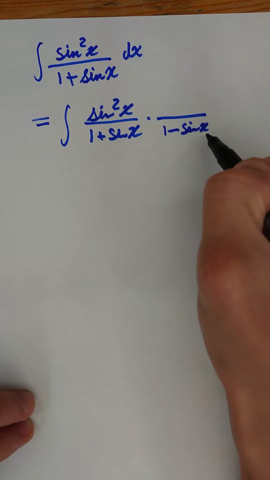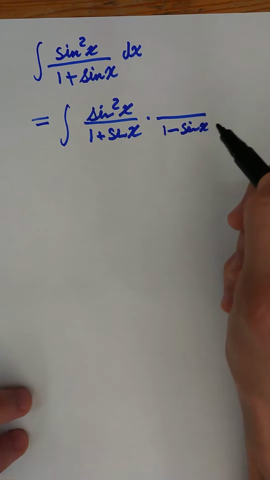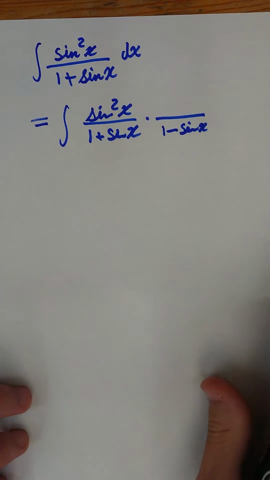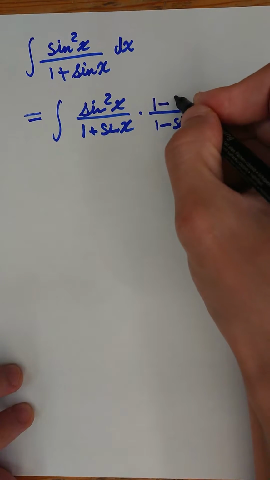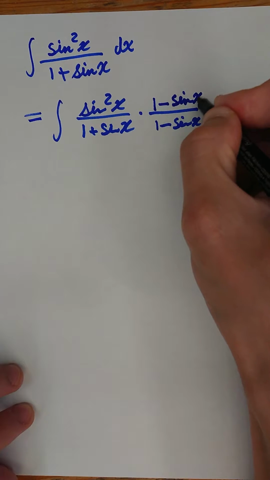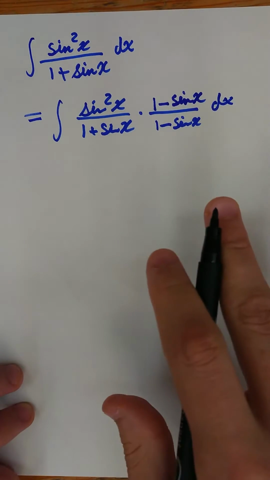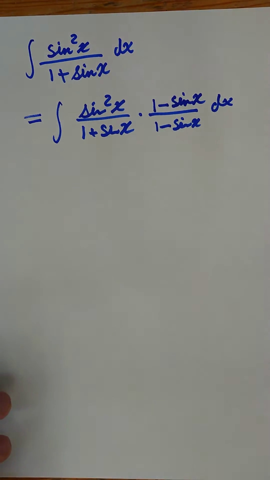But we should not multiply by anything from our minds like that. So we should multiply here also with 1 minus sine x, such that it's like we multiplied by 1, as you can see.